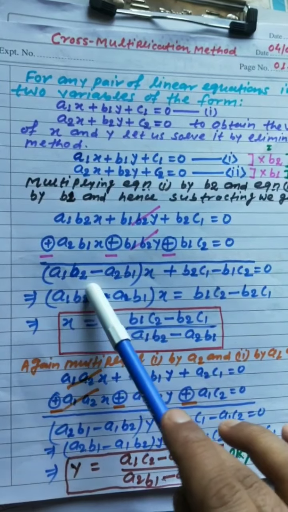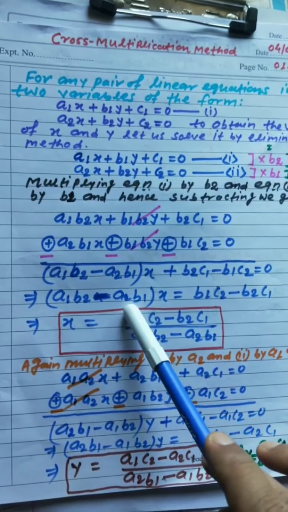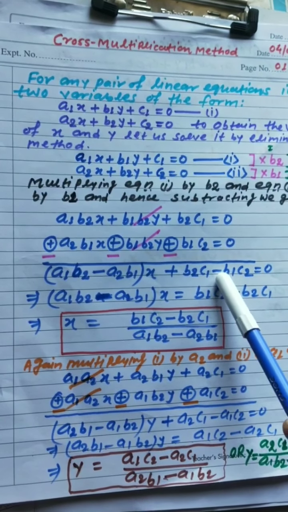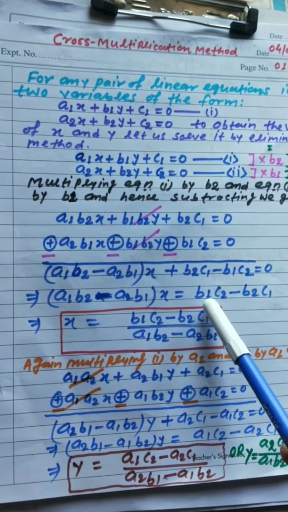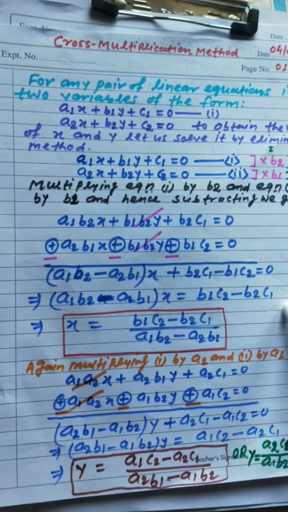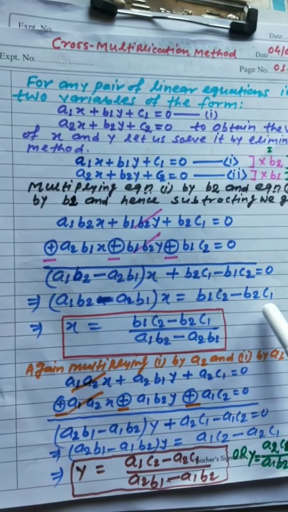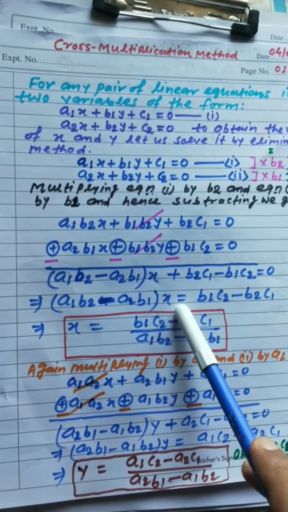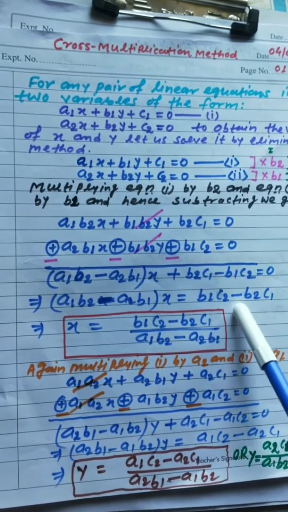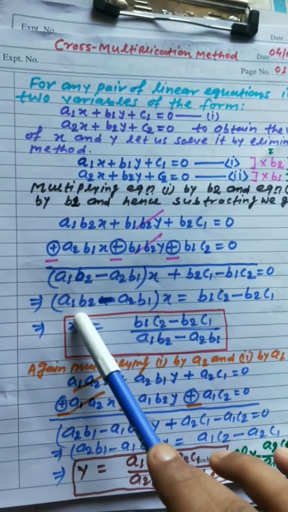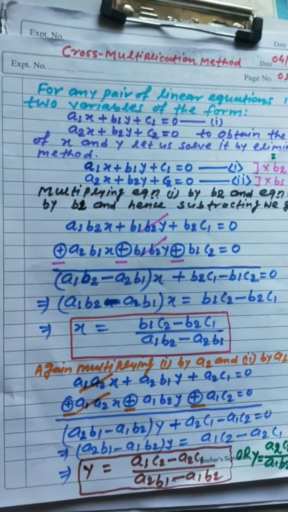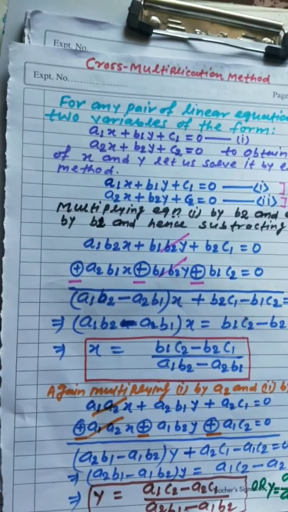Now a1 b2 minus a2 b1 into x is equal to, this minus is transferred to RHS, that is b1 c2, and this transferred to RHS will be minus b2 c1. So we have got the value of x. The value of x will be b1 c2 minus b2 c1 upon a1 b2 minus a2 b1. This will be the value of x.